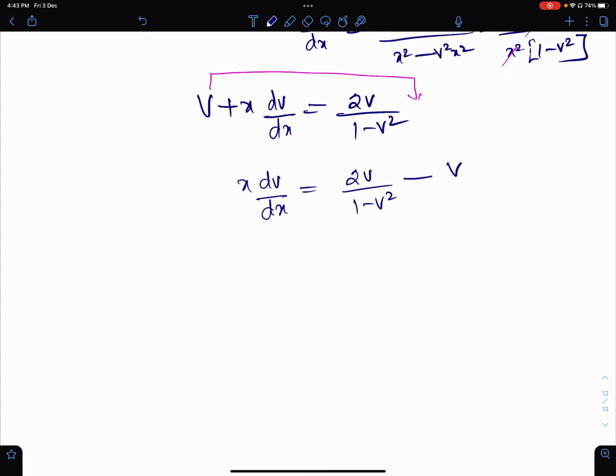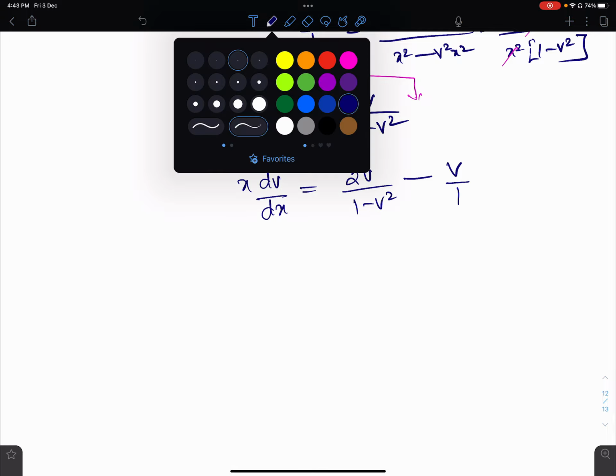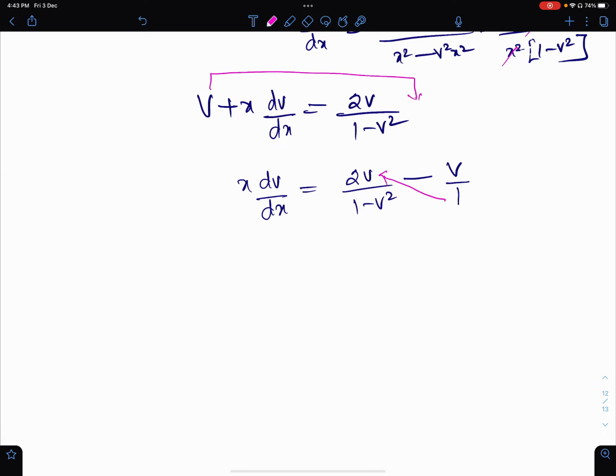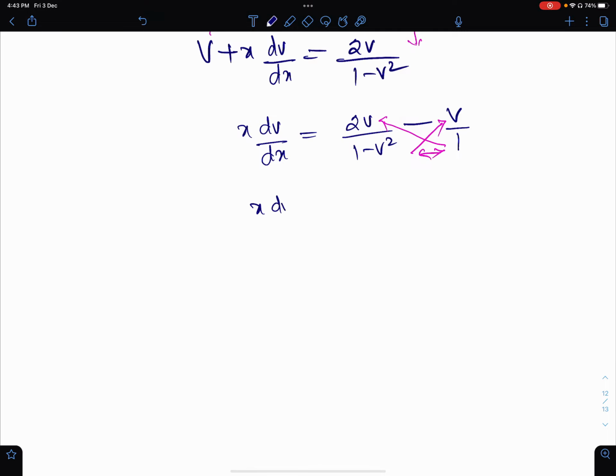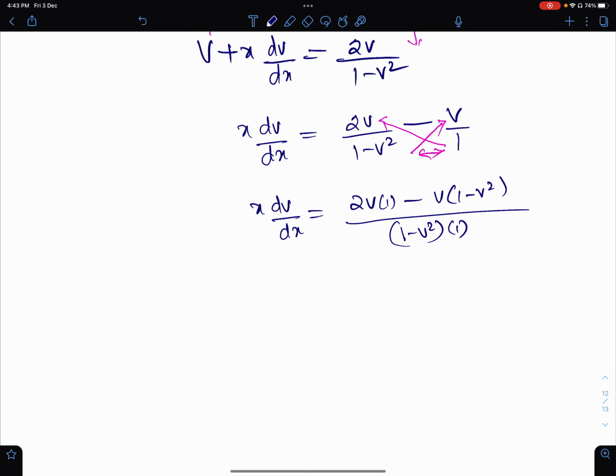But v is nothing but v by 1. So cross multiply now. So when you cross multiply, what do you get? It is x dv by dx is equal to 2v minus v times 1 minus v square, divided by 1 minus v square multiplied by 1. So that is what you get. So simplify this.